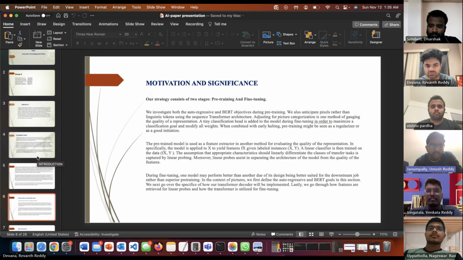During fine-tuning, one model may perform better than another due to its design. In the context of pictures, we first define the auto-regressive and BERT objectives in this section. We next go over the specifics of how our transformer decoder will be implemented. Moving on to the next slide.